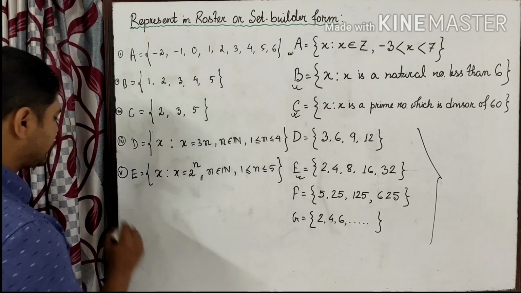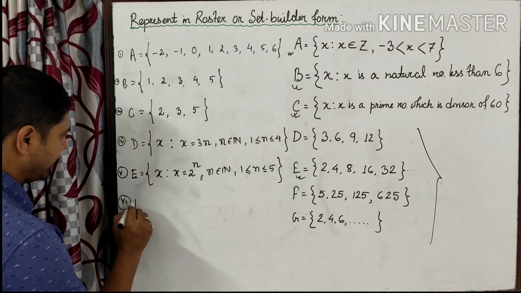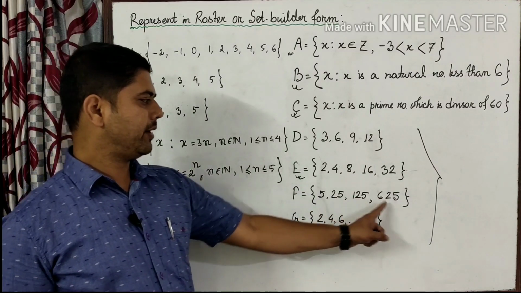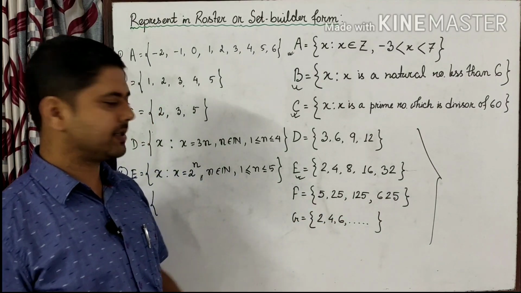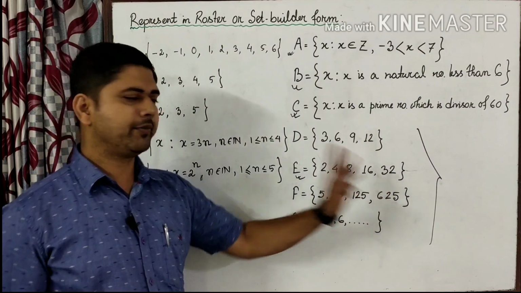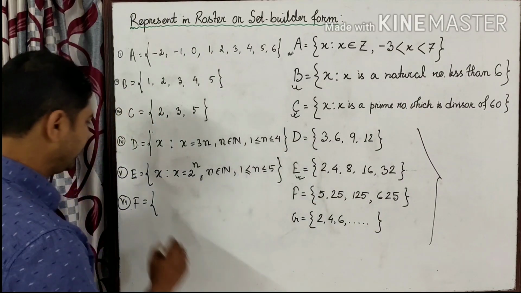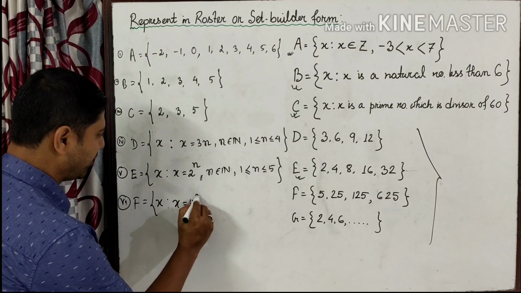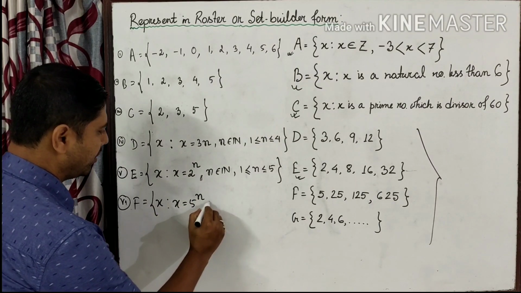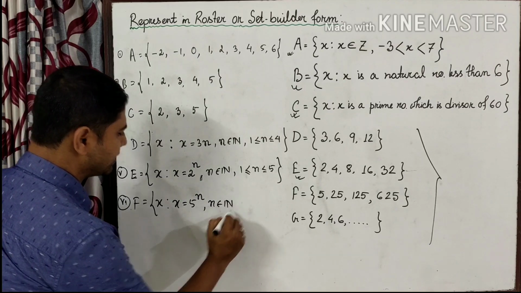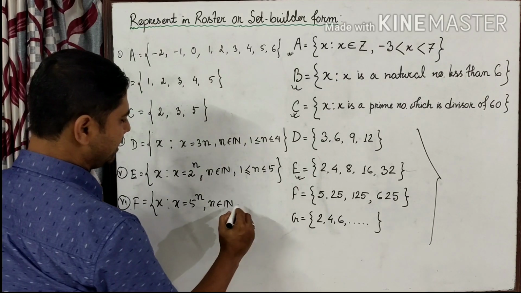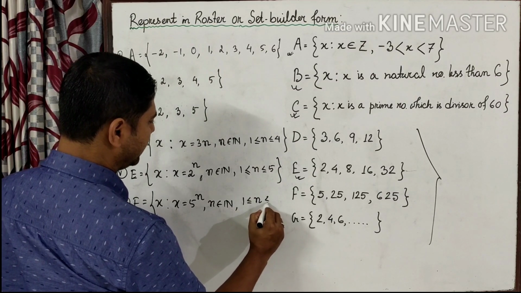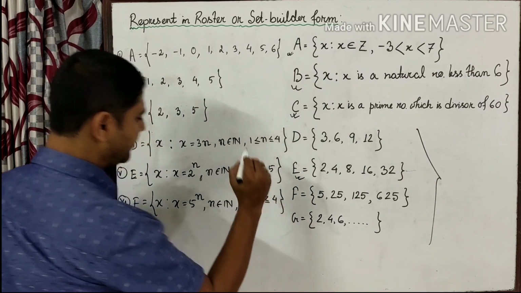Okay. Next, number 6, F. What do we have? 5, 25, 125, 625. These are 5, 5 square, 5 cube, 5 to the power 4. Yes or no? You can write in this way: x such that x equals 5 to the power n, where n belongs to the natural numbers, with 1 less than or equal to n less than or equal to 4.